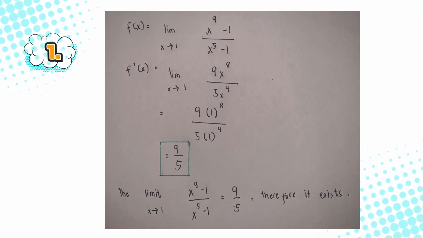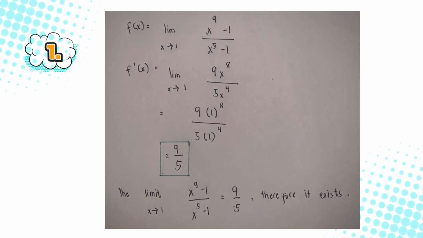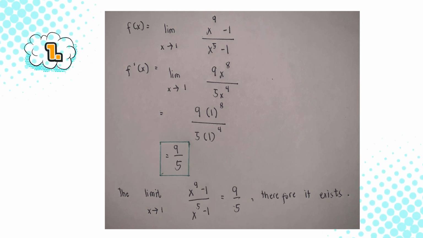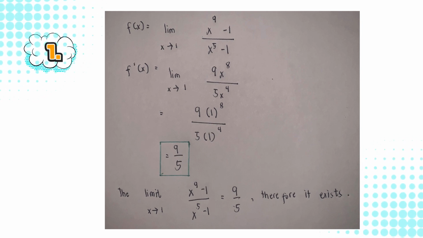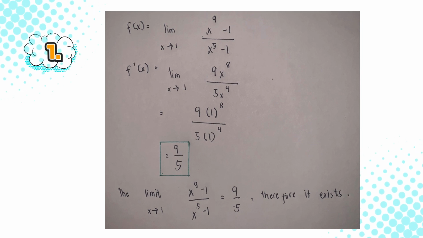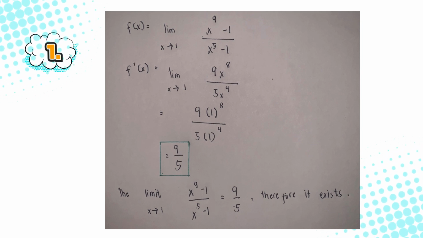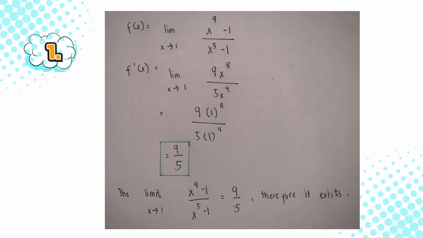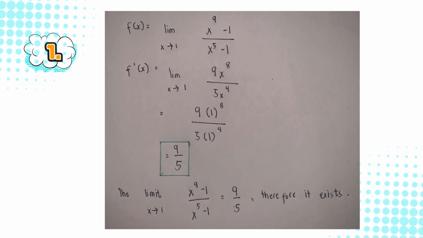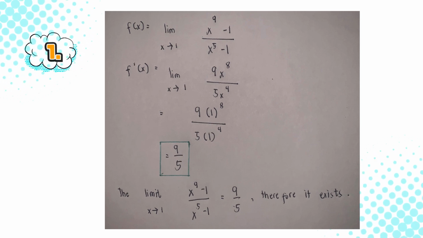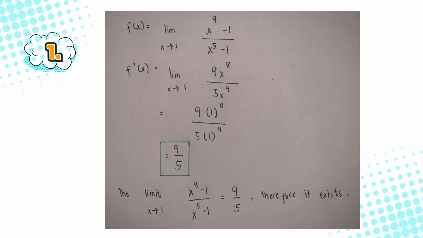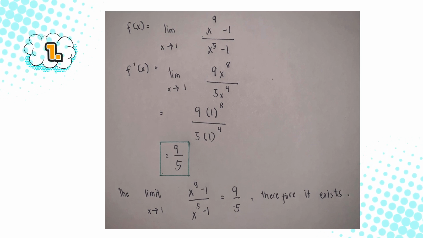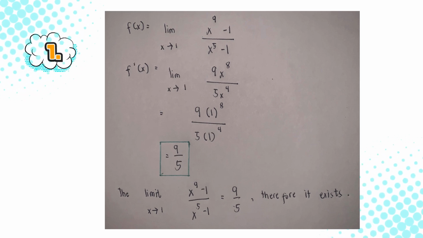And we are going to substitute x equals 1. So it will become 9 times 1 raised to 8 over 5 times 1 raised to 4, and that is 9 over 5. The limit of the function x raised to 9 minus 1 over x raised to 5 minus 1 as x approaches 1 is equal to 9 over 5.